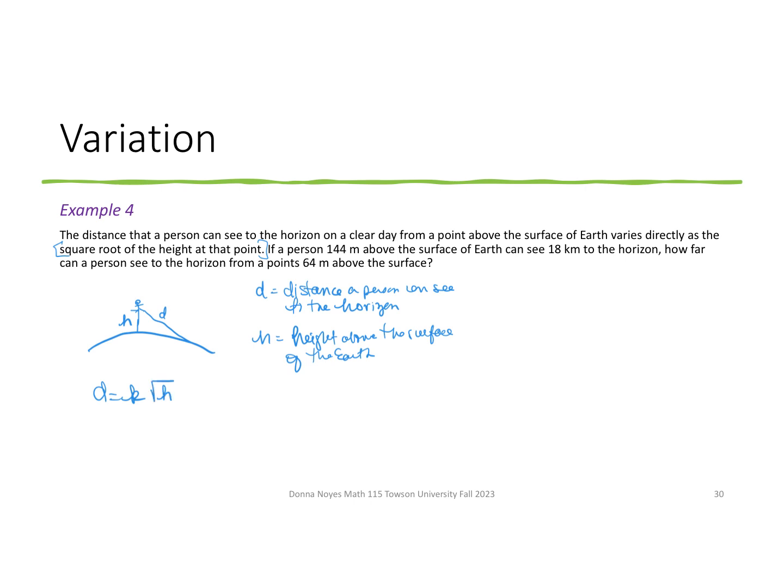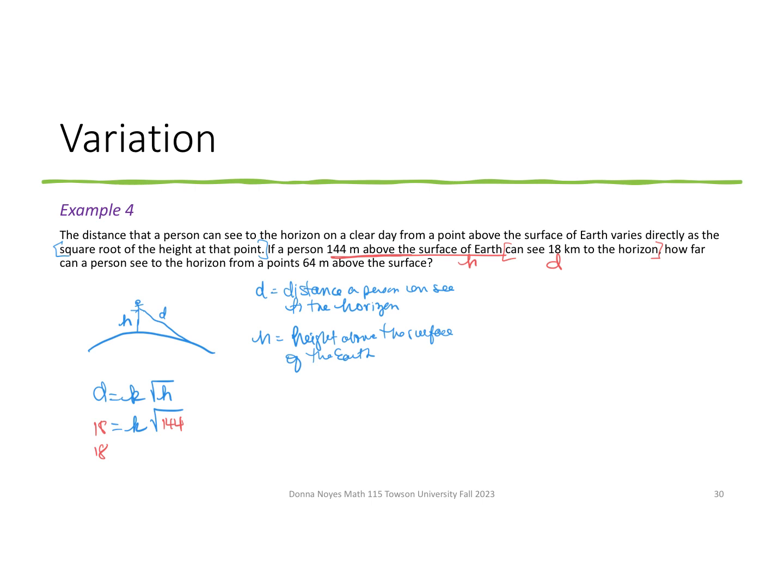And then the numbers that we can plug in are, we've got a person is 144 meters above the surface. This is a height. And then they can see 18 kilometers. That is a D. So we know that we've got 18 equals K times the square root of 144.